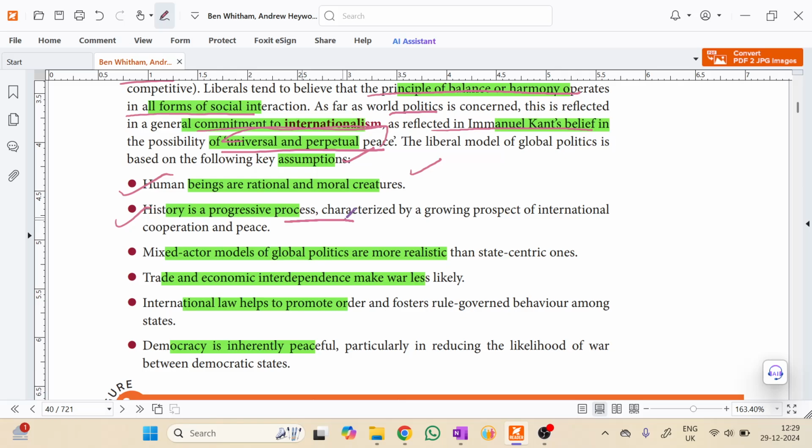History is a progressive process, which means the prospects of peace, of cooperation, of a just world, of an accommodative and peaceful world, are progressive in nature. It is likely that a few events may not tell the real story, may not speak in your favor, but ultimately, with every passing day, people are realizing that cooperation is necessary.